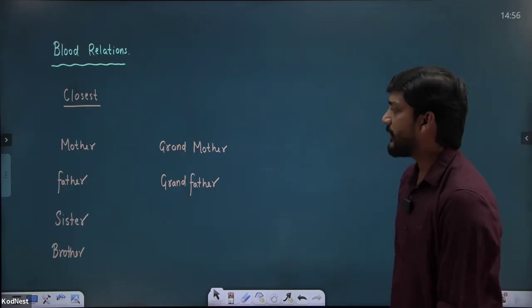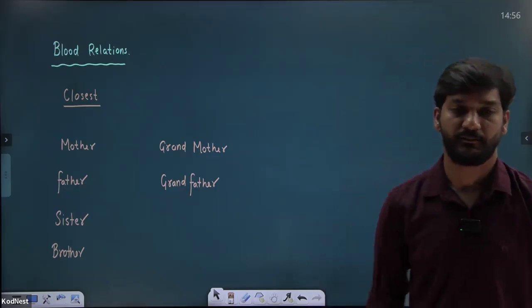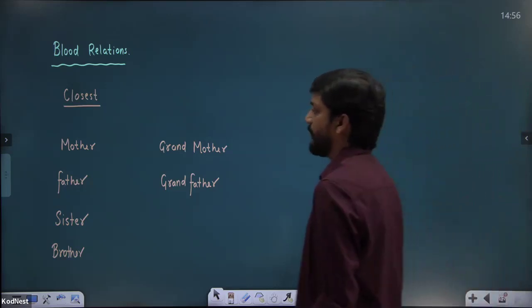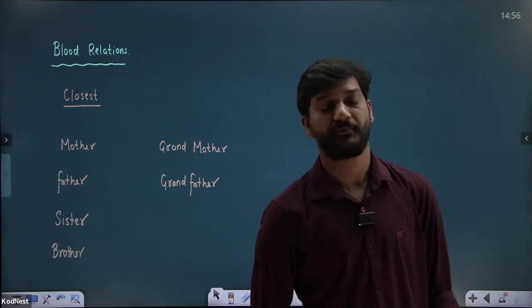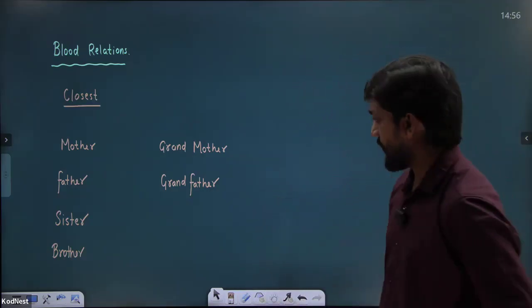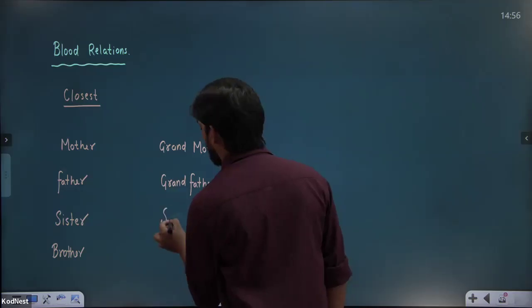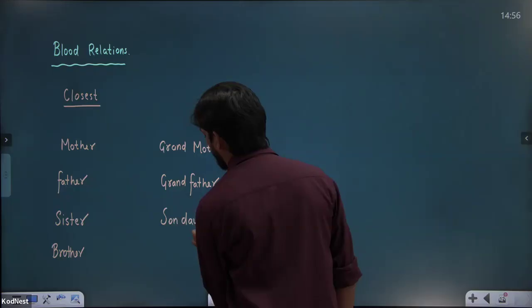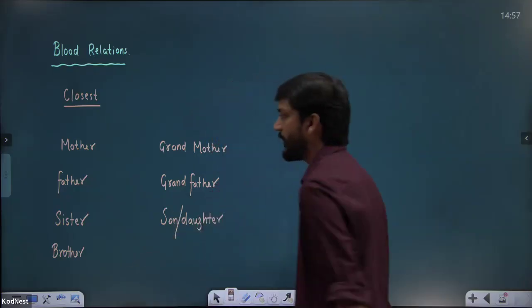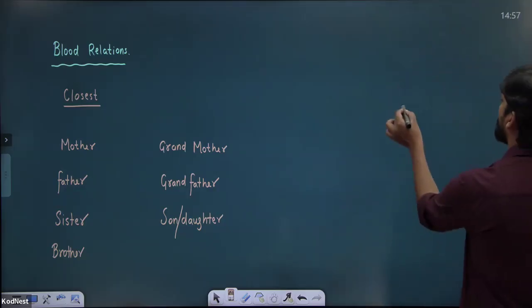Anything else which is a very close relation for a person? Son and daughter. Okay, anything else? Wife, I will take separately. Husband, wife, I will take separately.